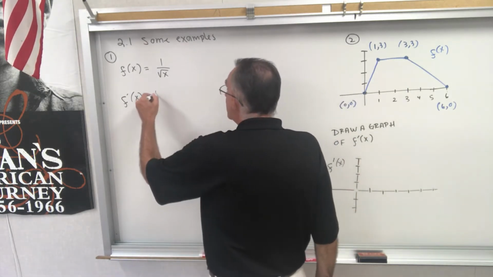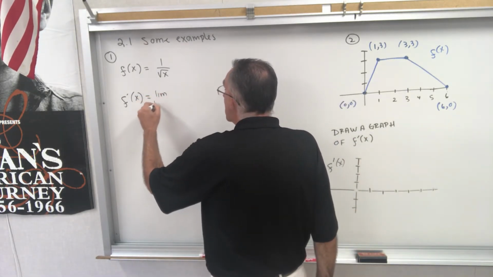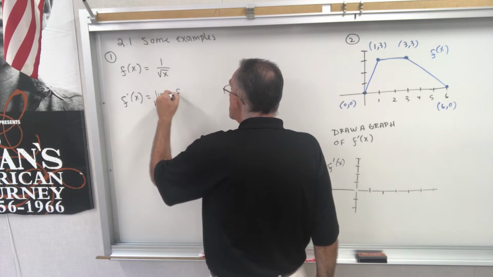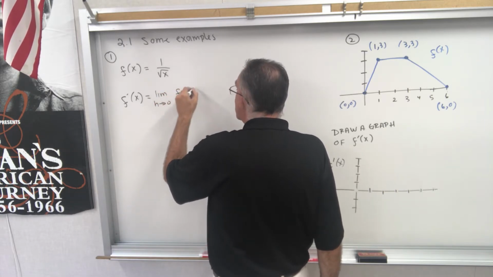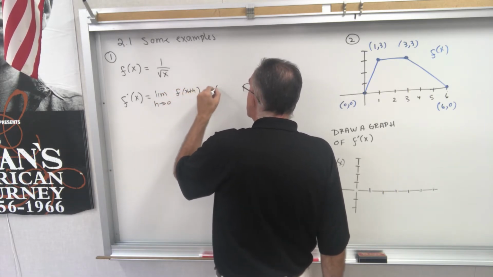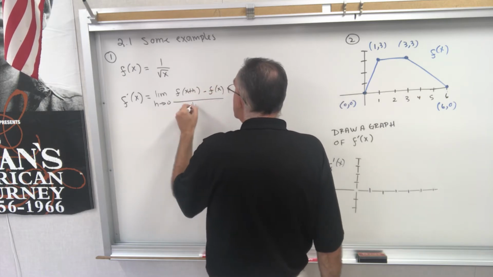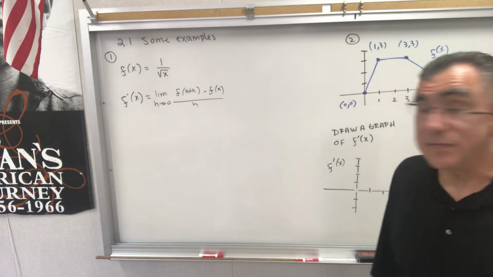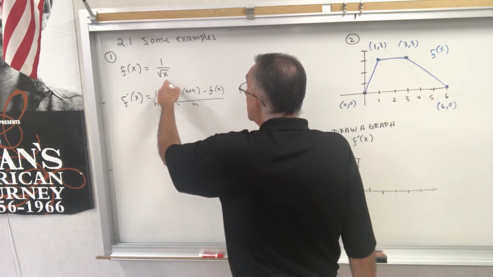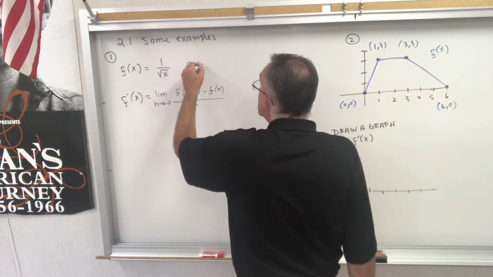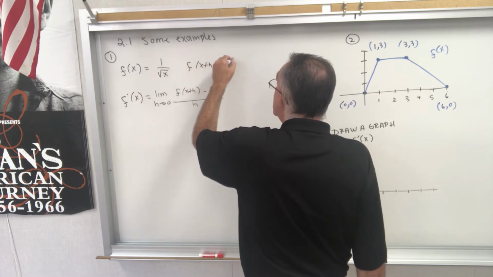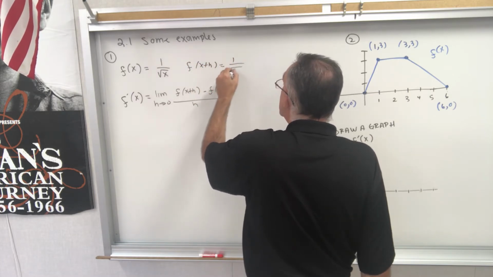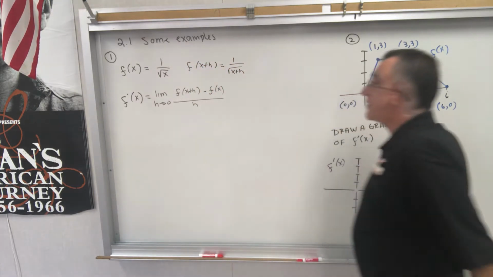Well, I know the definition of the derivative, and that obviously is the whole point of this section, right? That's the definition of the derivative, right? So if that's f of x, then this is f of x plus h.